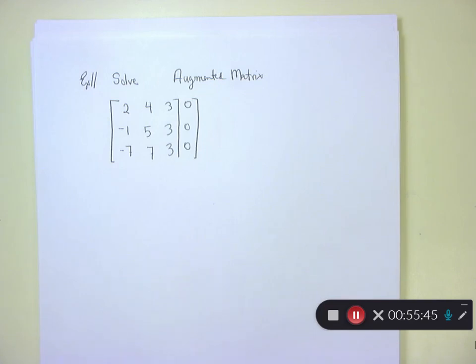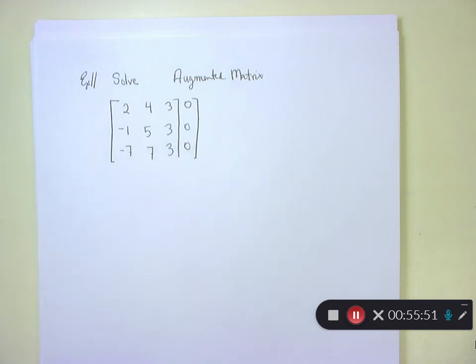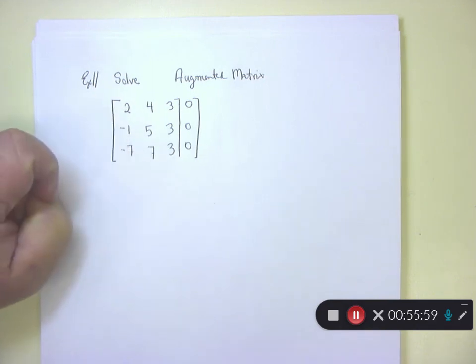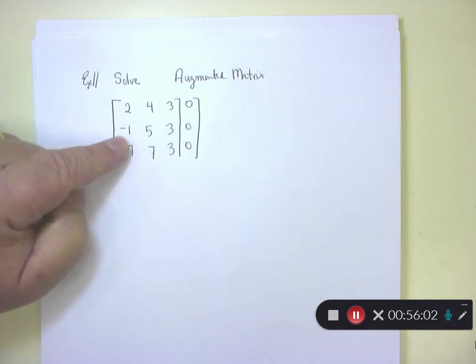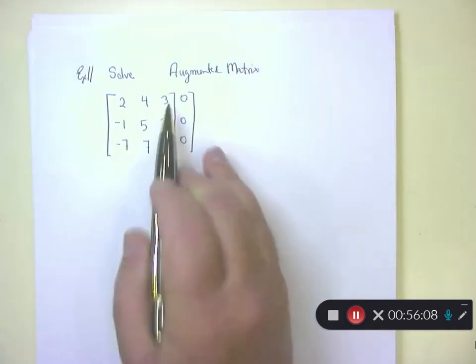So, if I'm going to solve this thing, I'm going to go for the reduced echelon form. What's my first move? What would you do? Where are you going to, okay, I want to pivot right there. I got a 2. Row swap with which one? Row 2. I know it's -1, but I can make a -1 into a 1 real simple, right? So I would row swap, because I really don't want to divide by 2.